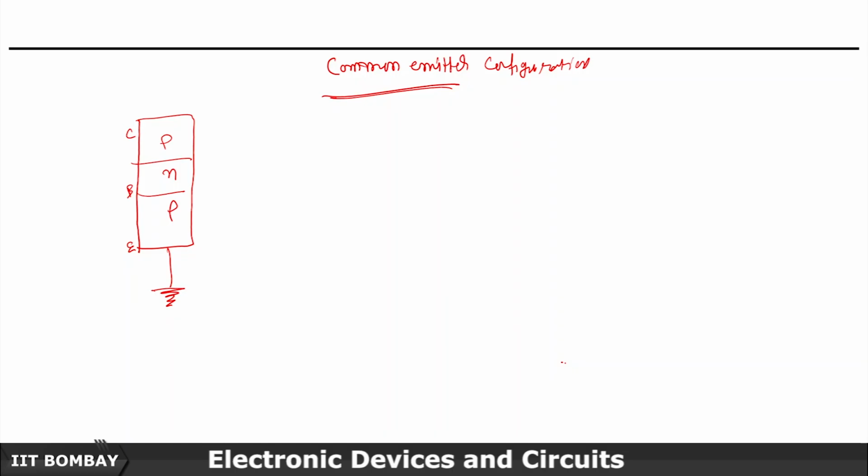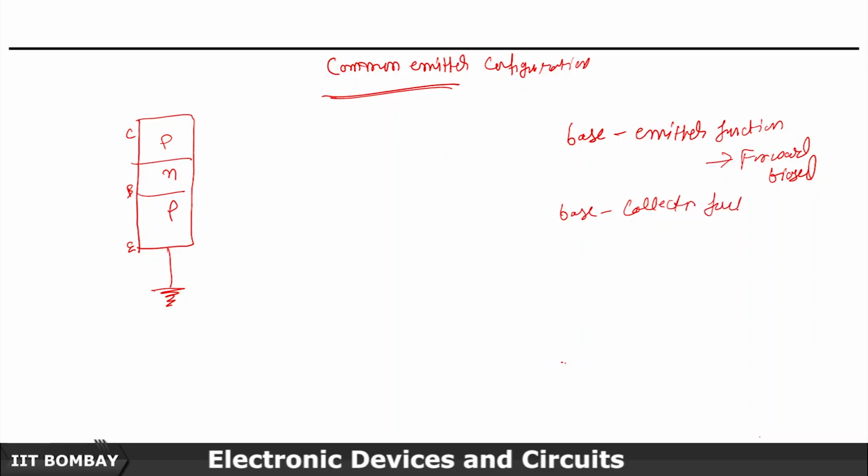In this common emitter configuration, the base-emitter junction is forward biased, and the collector-base junction is reverse biased.